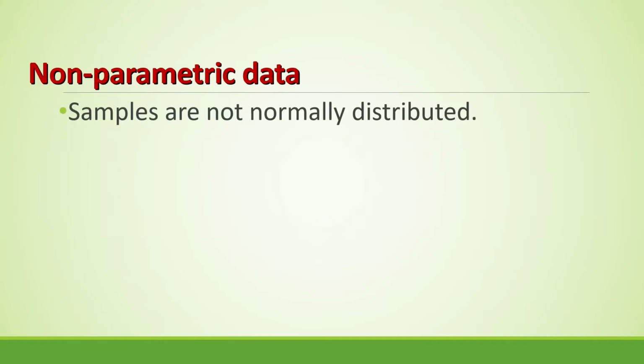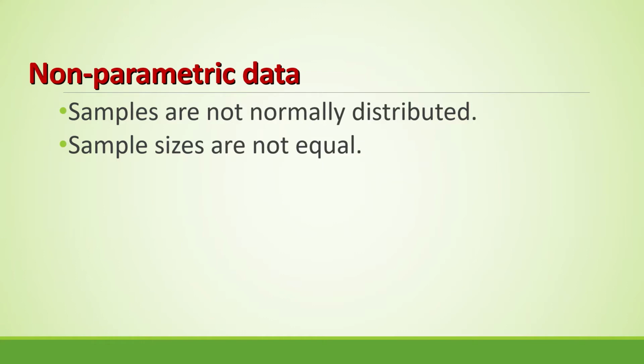We can call these data non-parametric in a sample when the samples are not normally distributed. The distribution of the values of this data in the group is not normal and shifts from the normal shape of the curve.